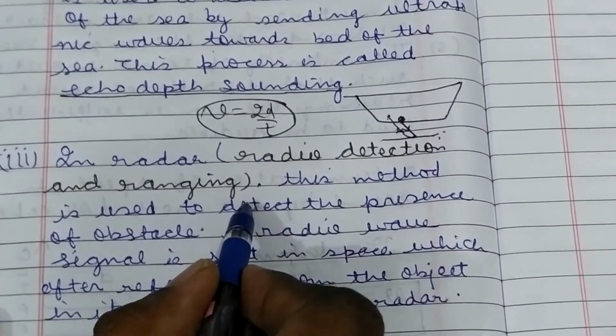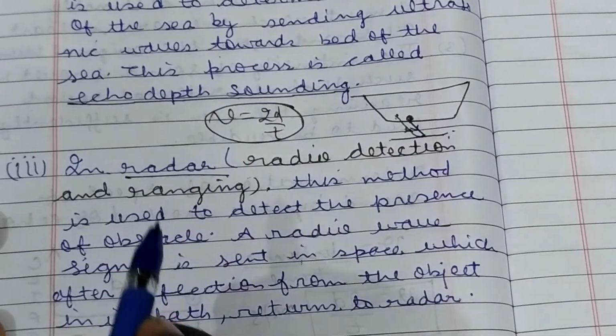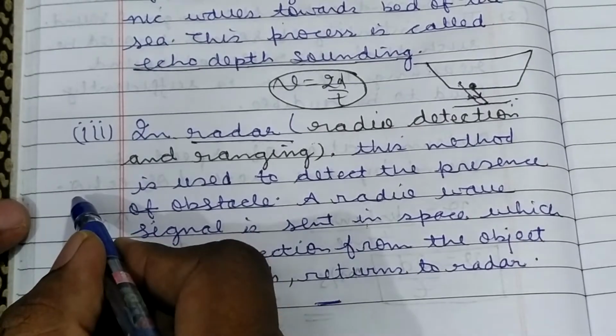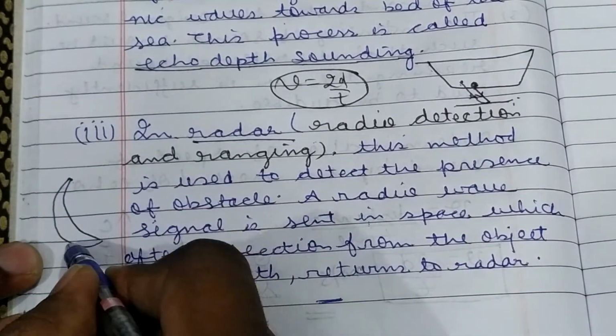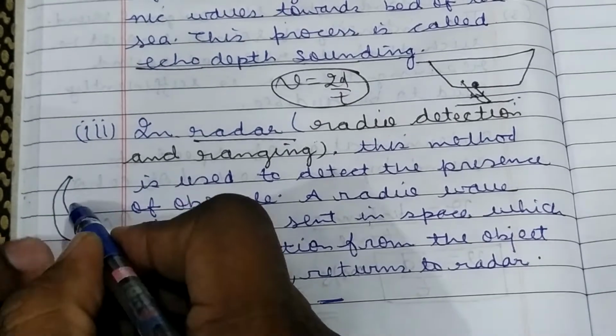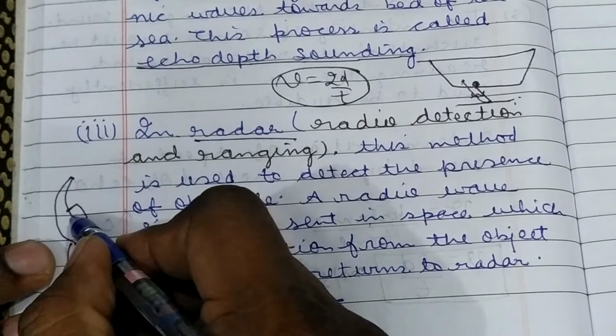And the last and most important one is radar. You have seen in documentaries that a radar is of this type, a big dish antenna like this, and there is a system producing radio waves.